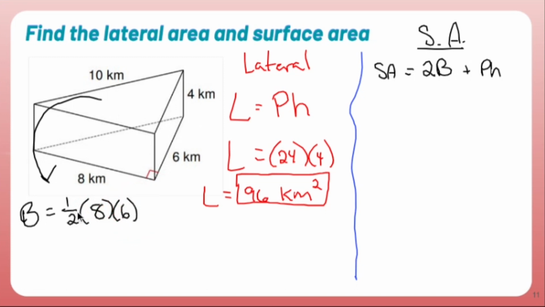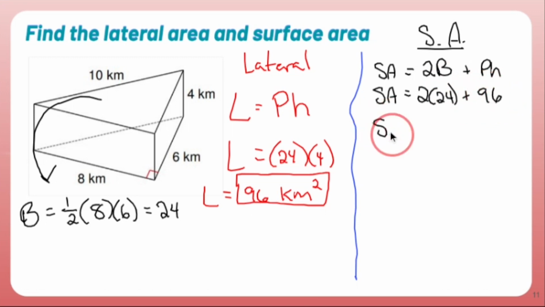So 1/2 of 8 is 4. 4 times 6 is 24. Each base has an area of 24. So my surface area is going to be 2 times 24 plus perimeter times height. Well, wait a minute. I did that already. I got 96. Well, let's not overcomplicate things. 2 times 24 is 48.